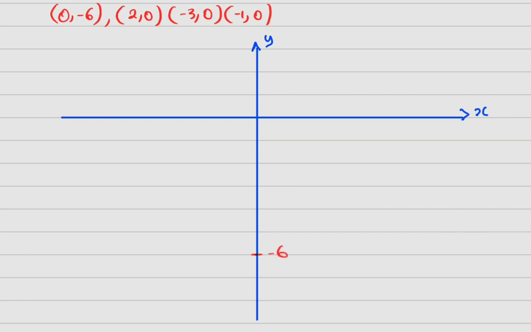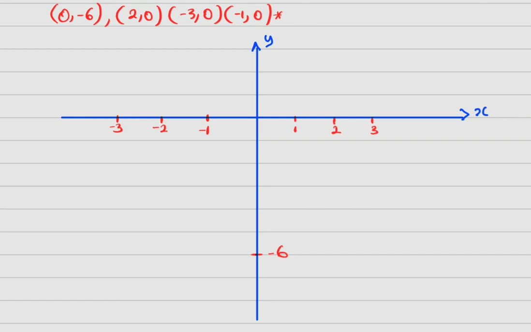Then let me put here minus 1, then minus 2 here, then minus 3 here, then 1 here, 2, and 3. Okay, I have everything that I need.